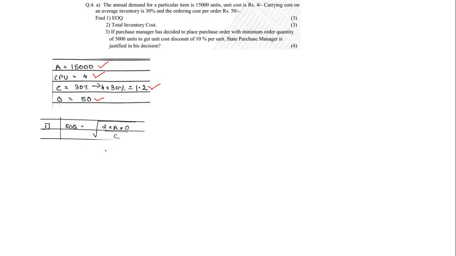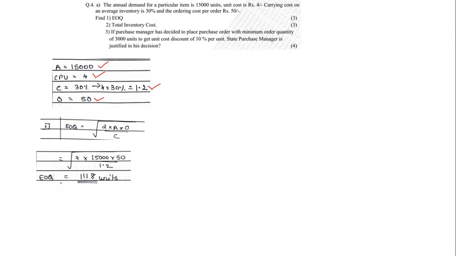We substitute the values into the formula: 2 into 15,000 into 50 divided by 1.2. Whatever answer you get, press the square root button on your calculator and you will get the EOQ as 1,118 units. You will get the answer in decimals, but units can never be in decimals, so round it up, so it will be 1118 units. That is the first thing they had asked us to find.